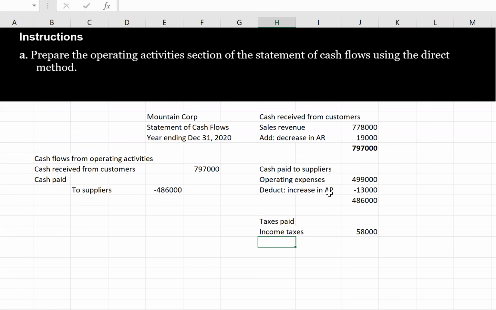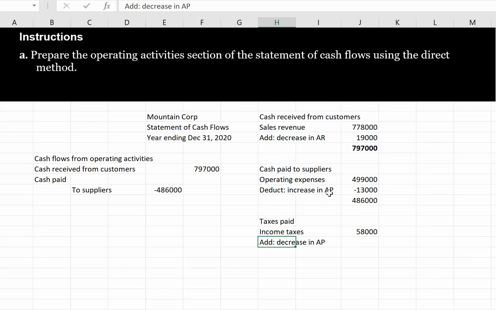And then we are going to look for what's happening with our income taxes payable account. So just like with AP above, we're going to add a decrease in income taxes payable because we're reducing our cash outflow here. So this is an expense, and we're going to add a decrease in income taxes.